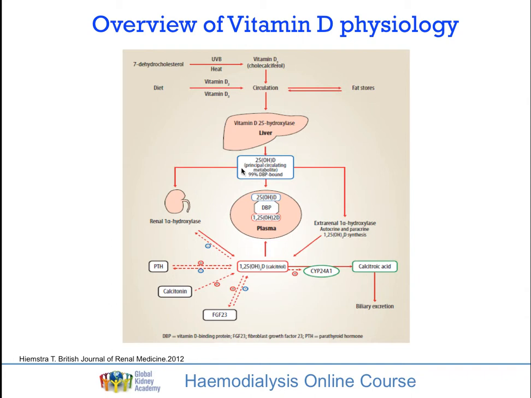This is then 1-hydroxylated, as you're aware, in the kidney. But very importantly, you also get some extrarenal hydroxylation within the cells. You get autocrine and paracrine effects as well. So as well as renal 1-alpha hydroxylation, you get extrarenal 1-alpha hydroxylation, finally leading to the generation of calcitriol or 1,25-hydroxylated vitamin D.